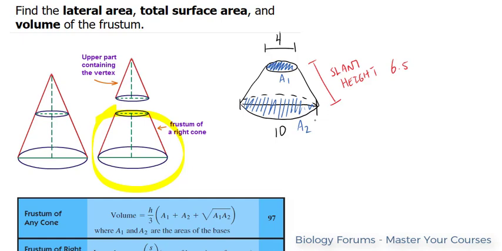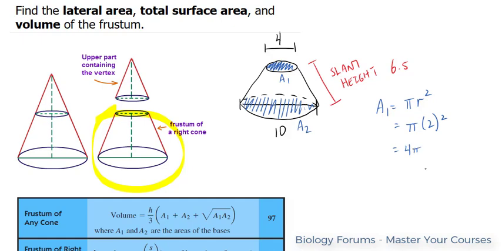So let's start off by finding out the area of the first circle. The area of a circle is the following. A1 is equal to pi r squared, where r represents the radius. Now, 4 is the diameter. Radius is half of that, so we will find pi times 2 to the power of 2, which is 4 pi. Excellent. We'll leave it as 4 pi.